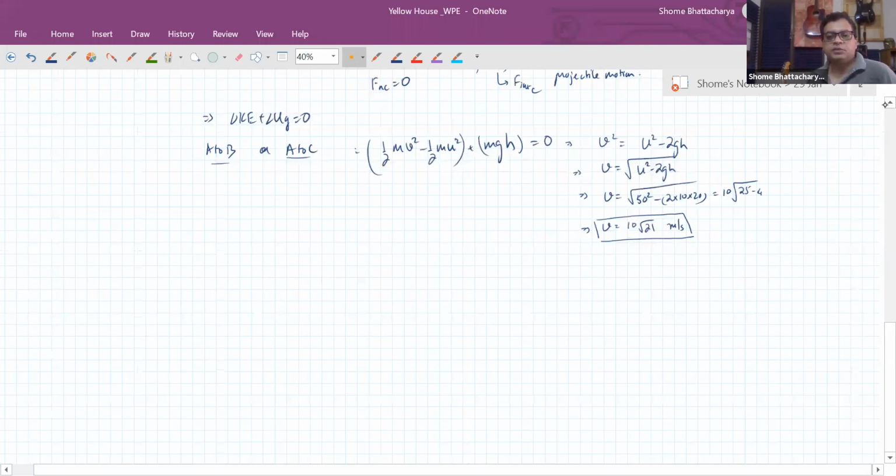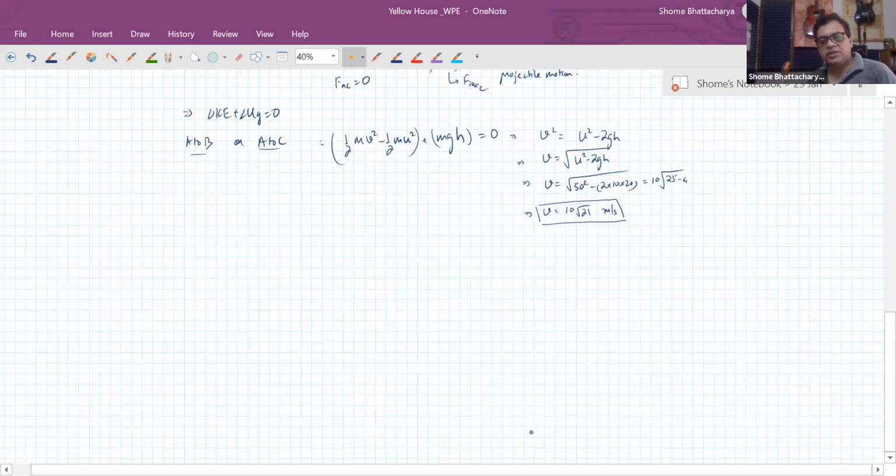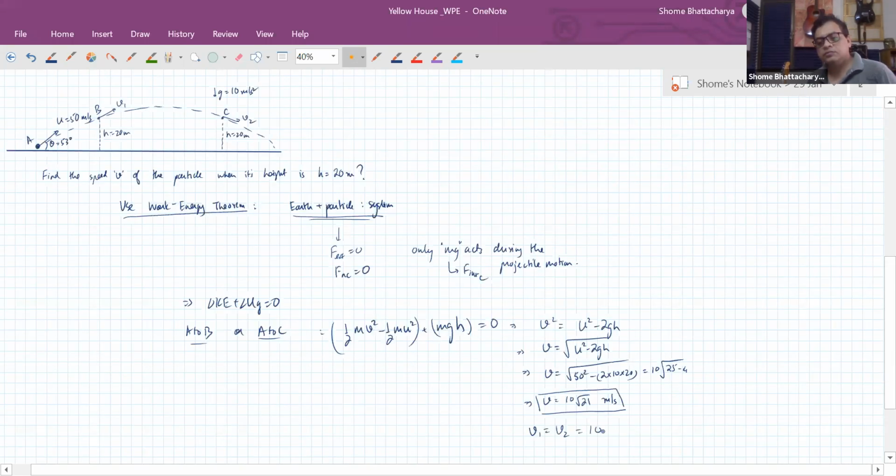So both those speeds will be the same, both during the ascent and during the descent. So that will be slightly greater than 40.